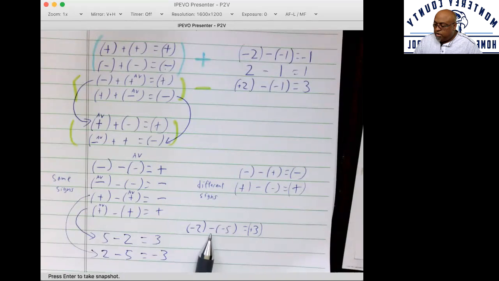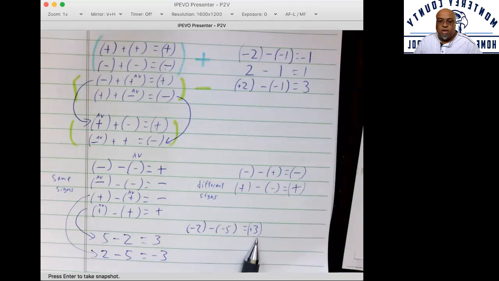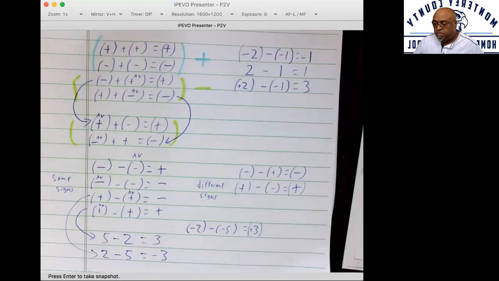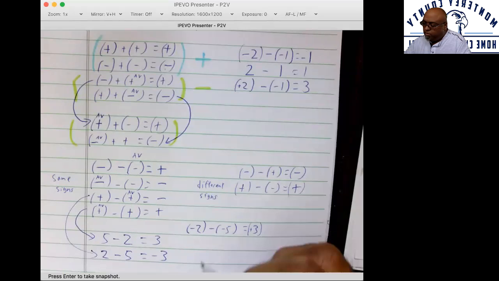Someone takes away the debt of $5. So I get to keep the $5 that I borrowed from someone else. I take 2 of it and pay back the other person. I now have $3 left, when before I was below 0.